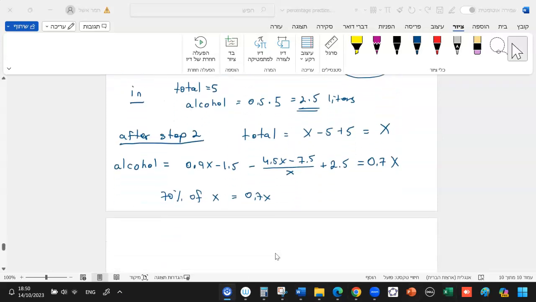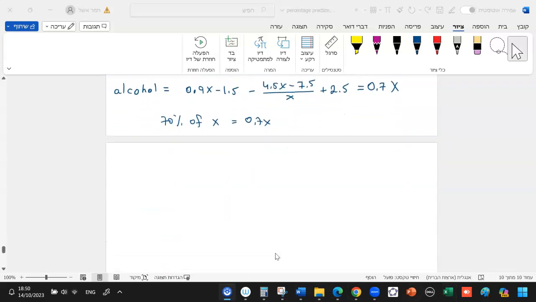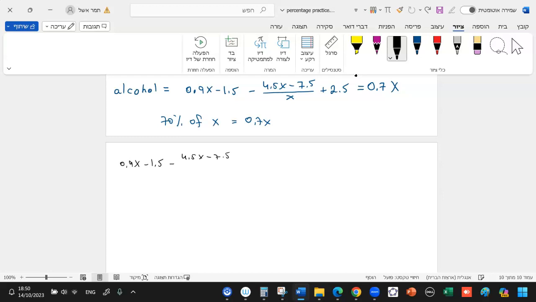Let's solve the equation. We have 0.9x minus 1.5 minus 4.5x minus 7.5 over x plus 2.5 equals 0.7x.